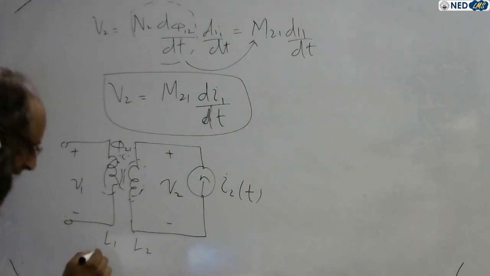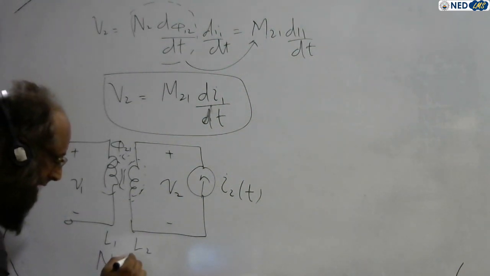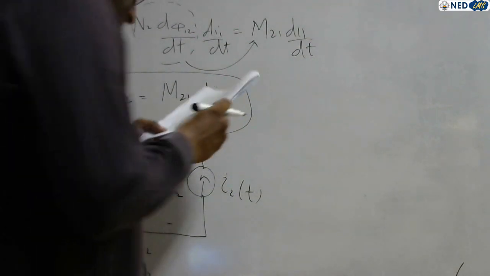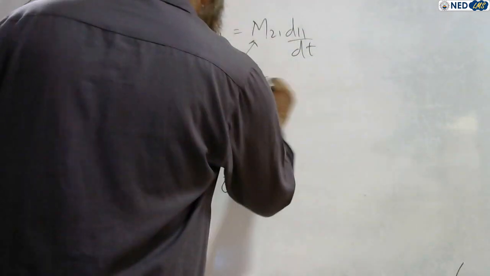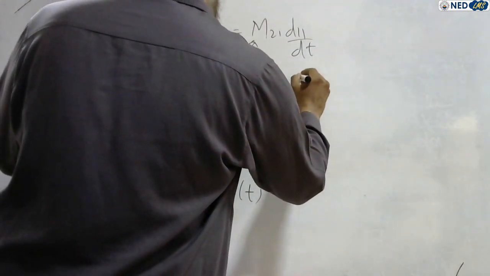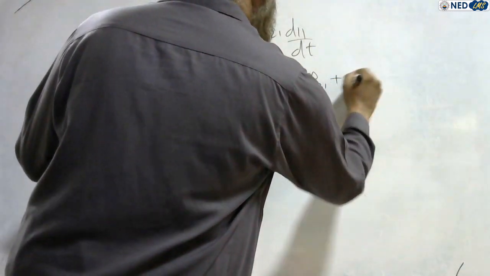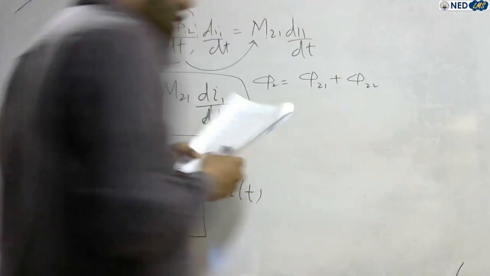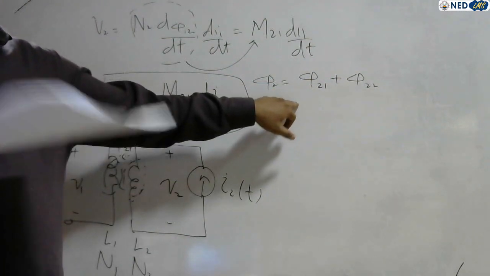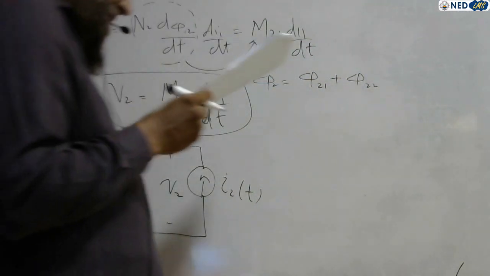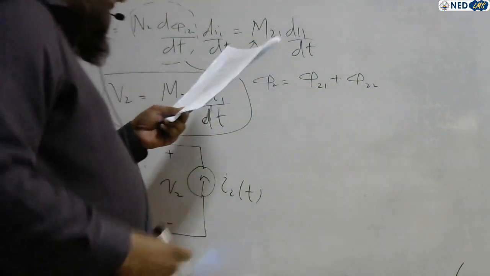So there are number of turns on primary side, let's say N1, number of turns on secondary coil, let's suppose N2, and what is the total flux? Phi 2. Phi 2 is phi 2 1 plus phi 2 2. Total flux remains phi 2 1 plus phi 2 2, and the entire flux phi 2 links coil 2, so the voltage is in the coil 2.